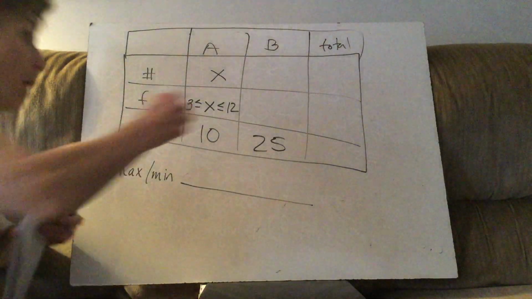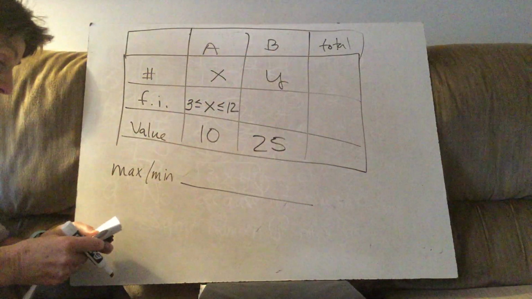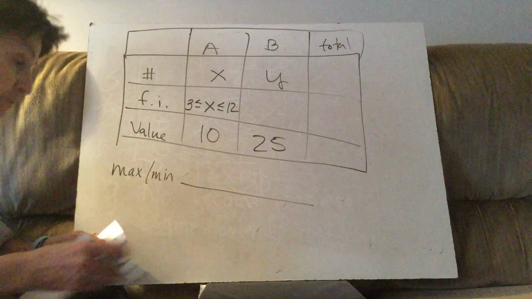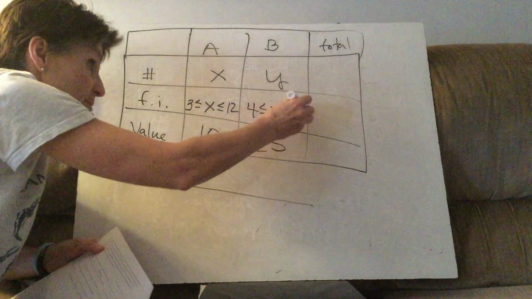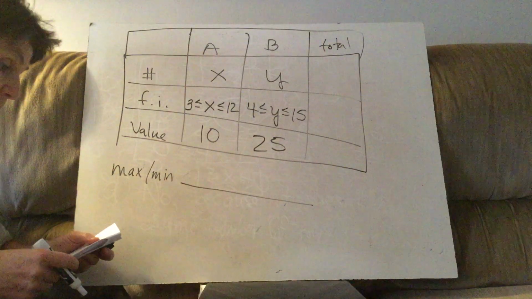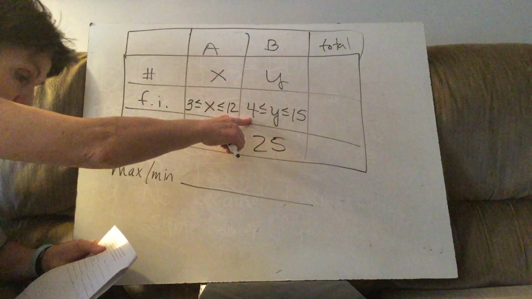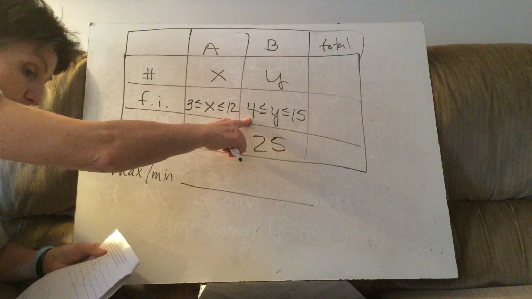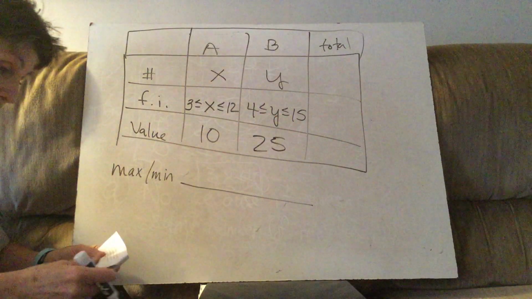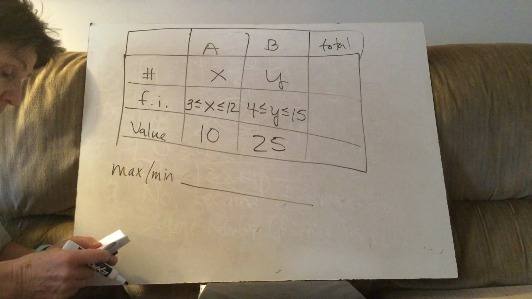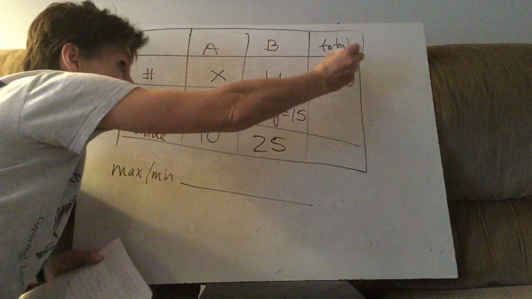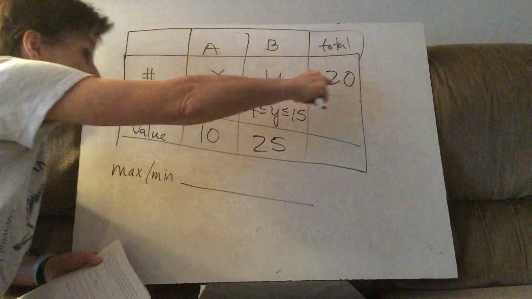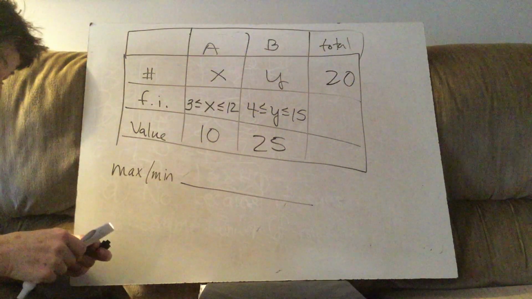And if you let Y be your B questions, then that interval is 4 to 15. Read the question. You must do at least 4, but no more than 15. In total, you can do no more than 20 questions.